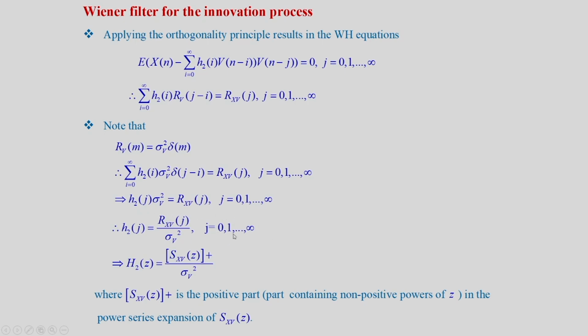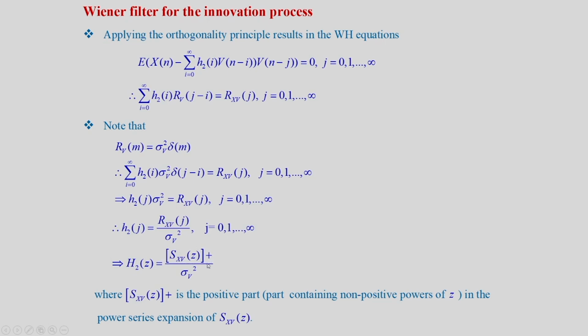So, we are able to find h2j since our input process is a white noise process, and taking the z transform of h2j, we will get H2z is equal to z transform of rxv of j divided by sigma v square. But here j is defined for 0 to infinity.